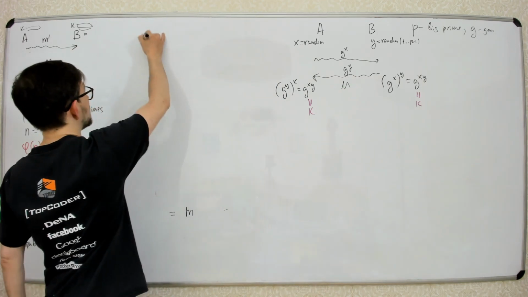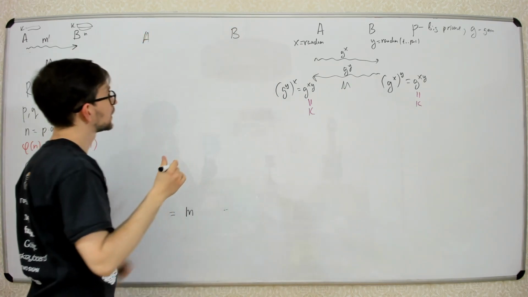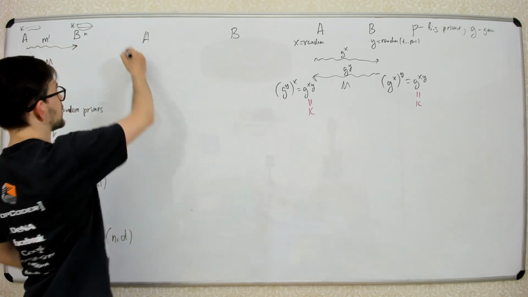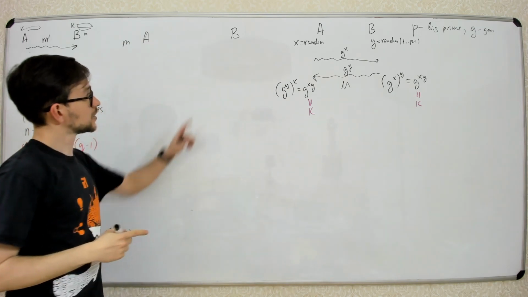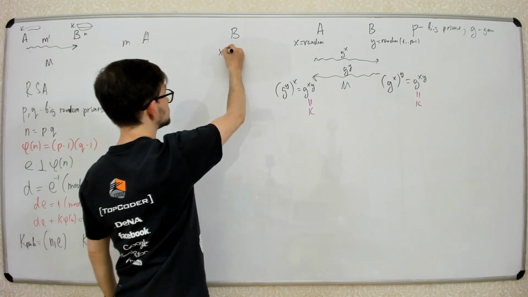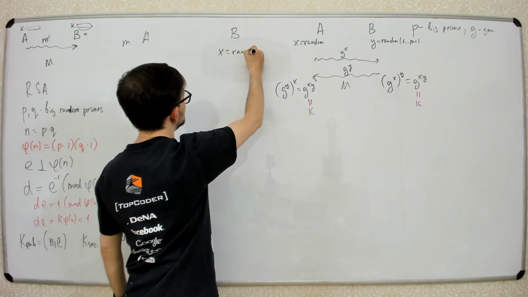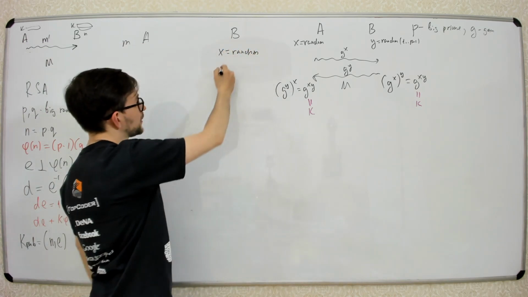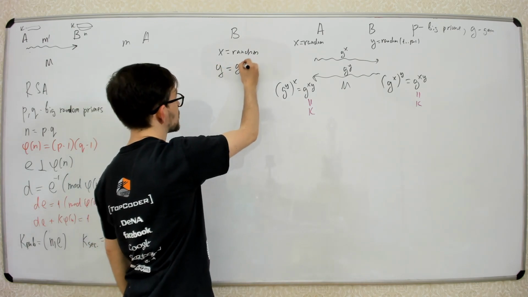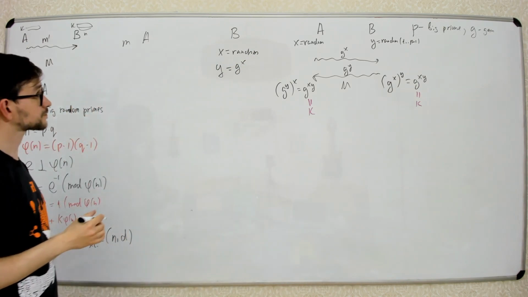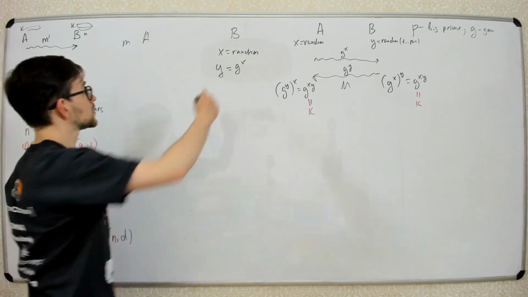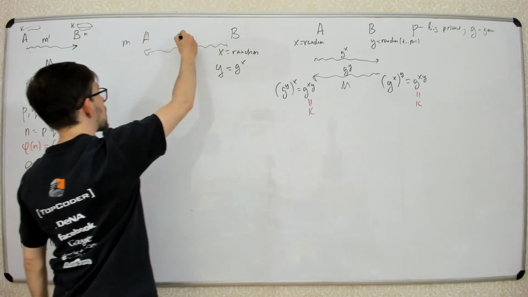Again, you have A and B, and you want to send message M here. So B generates a random number X and then calculates number Y, which is G in power of X. Now, Y is a public key, X is a secret key. So he sends number Y to A.